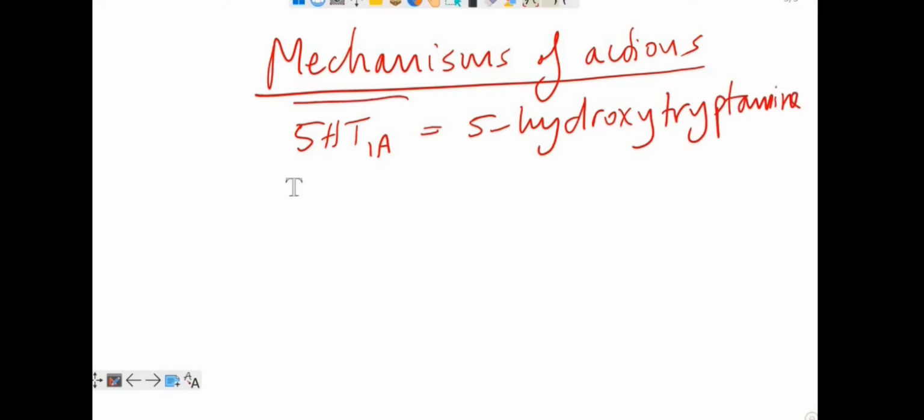So they act as specific agonists at the 5-HT1A receptor. Also, they can decrease the potassium conductance. Well, potassium, as we know, is inhibitory.